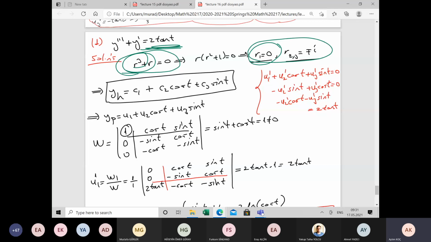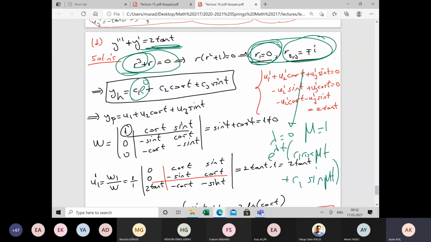So e to the 0 is 1, so we obtain c1. And we know that lambda is 0 and nu is 1, e to the lambda t times c1 cosine nu t plus c2 sine nu t. Right here lambda is 0, e to the 0 is 1, and we obtain c2, c3. It's okay, we obtain this part.